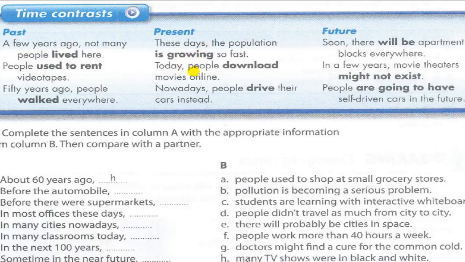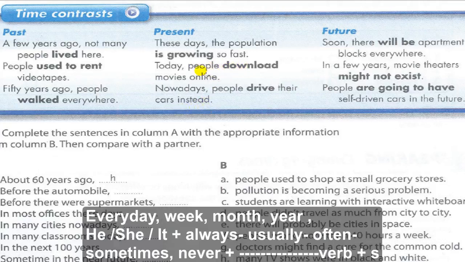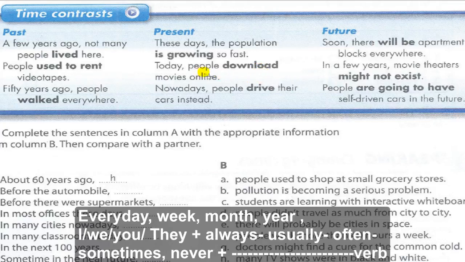Or the simple present. Today, people download movies online. Nowadays, people drive their cars instead. We have subject, verb. If the subject is he, she, it, verb with s, es, ies. If the subject is we, you, they, I, verb as it is.